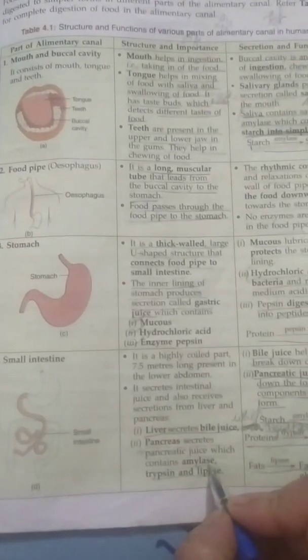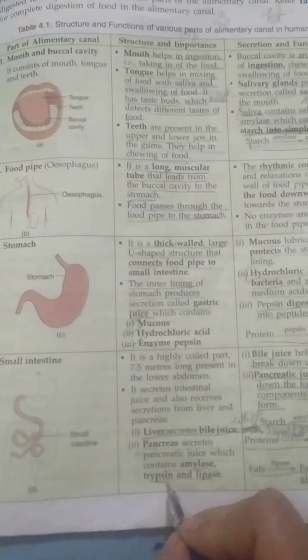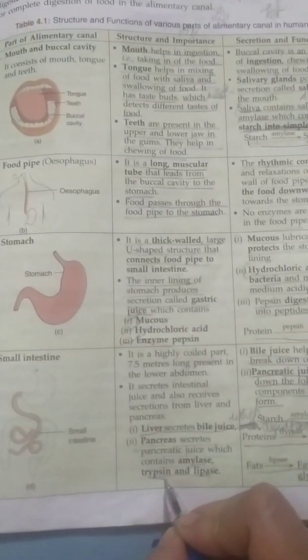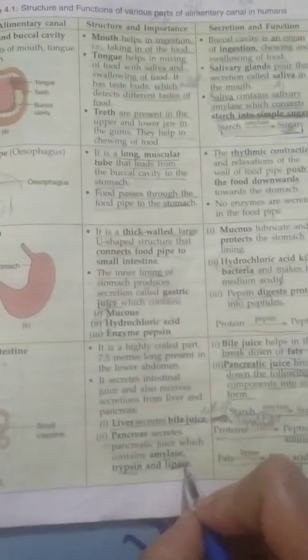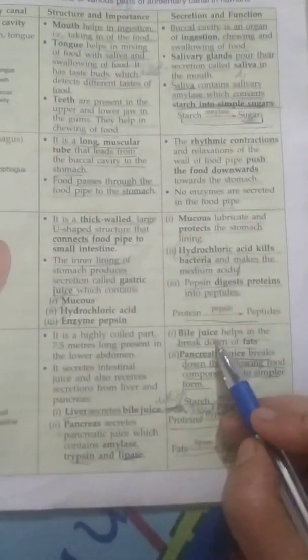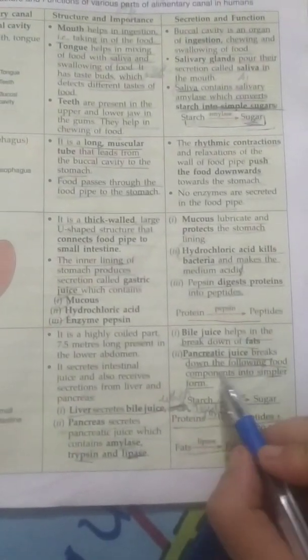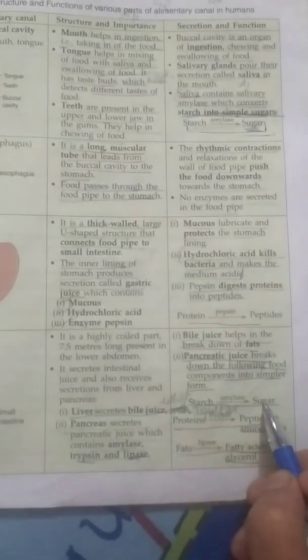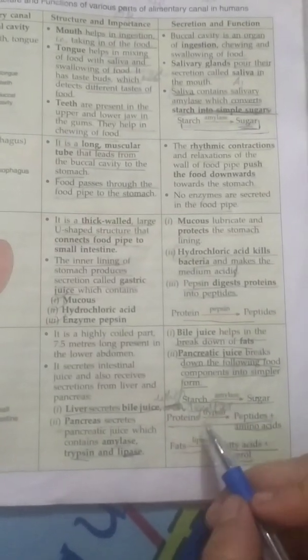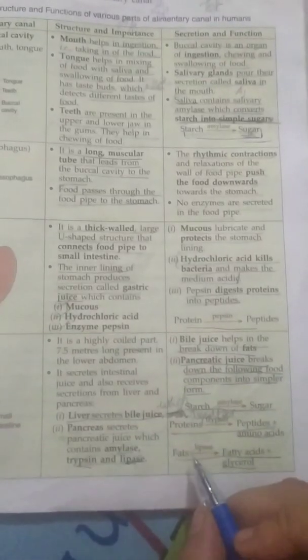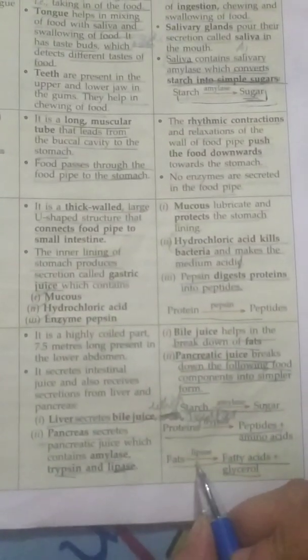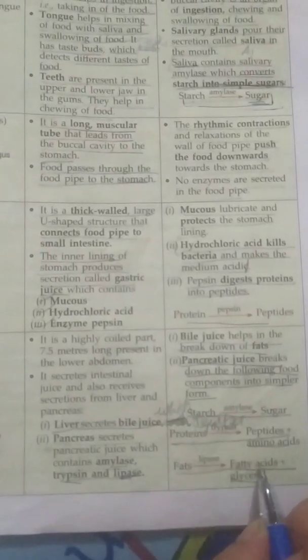Amylase helps to digest carbohydrates, trypsin and pepsin help to digest protein, and lipase helps in the digestion of fats. Bile juice helps in the breakdown of fat. Pancreatic juice breaks down starch into sugar through the enzyme amylase, protein into peptides and amino acids through trypsin or pepsin, and fats through lipase. Fats are converted into fatty acids and glycerol.